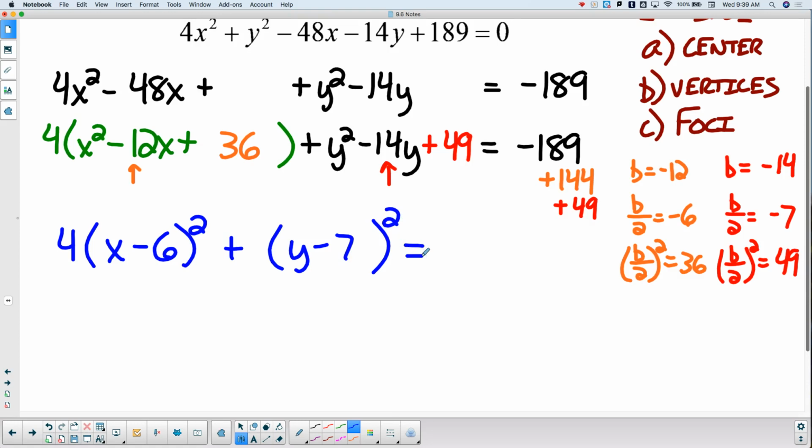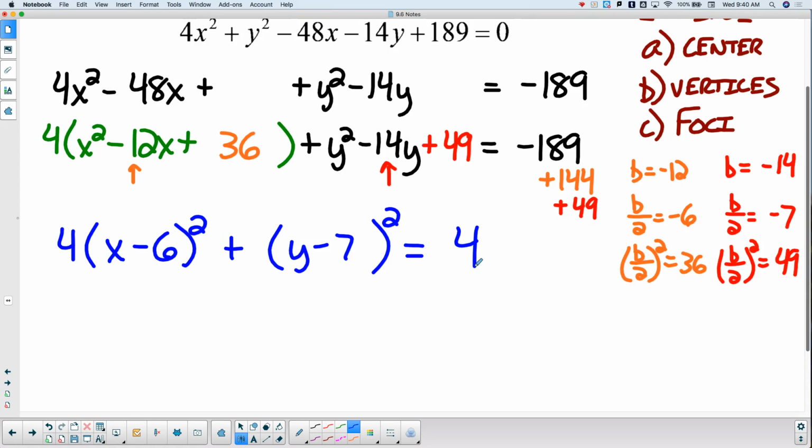Negative 189 plus 144 plus 49 ends up being 4. Okay? So we're closer, right?